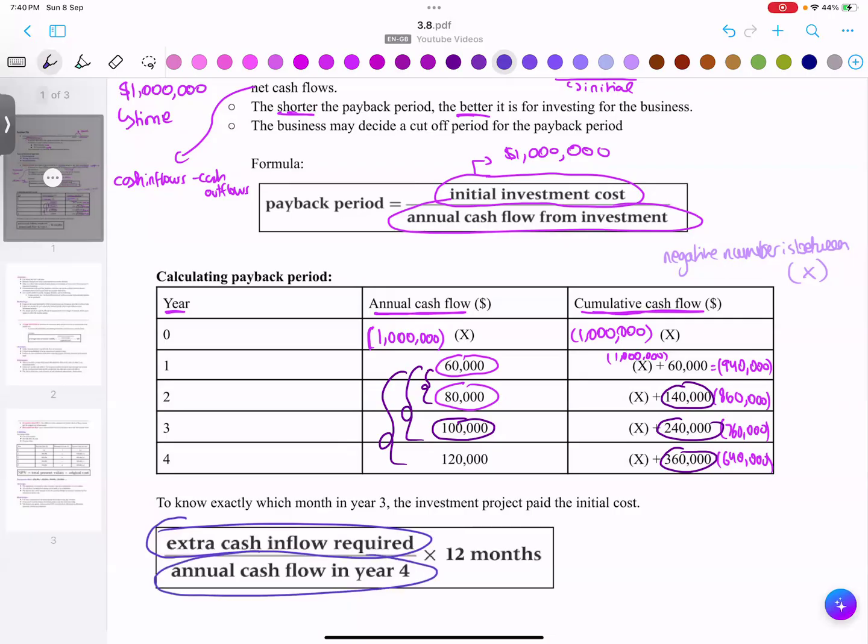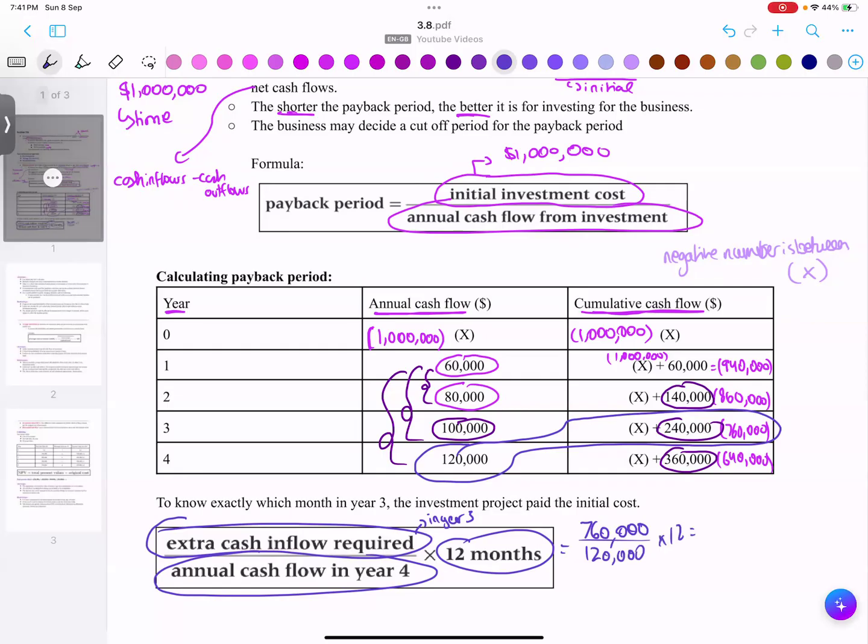So you see the extra cash required, let's say 760,000 in year 3, then divide it by the annual cash flow in year 4, which is 120,000, and multiply it by 12 to get months.